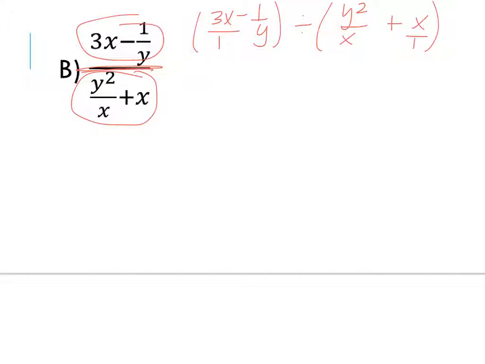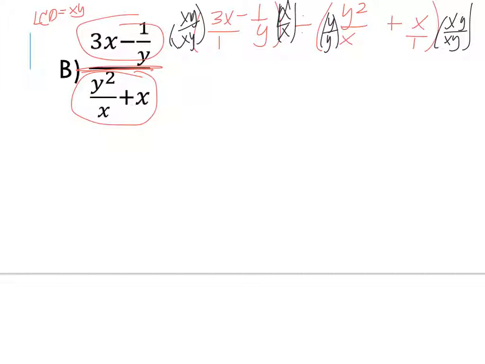All right, look at your denominators. Once again, very obvious. Your least common denominator is xy. So we're going to multiply everything by what it's missing. This one is missing an xy. This one is missing an x. This one is missing a y, and this one is missing an xy.